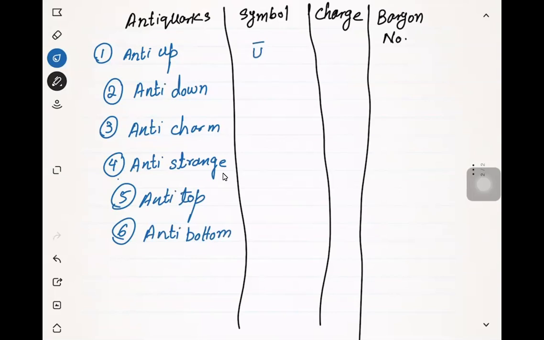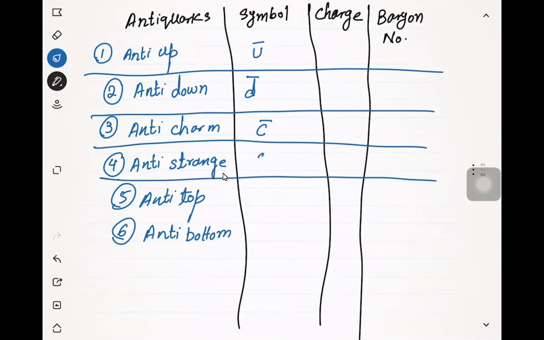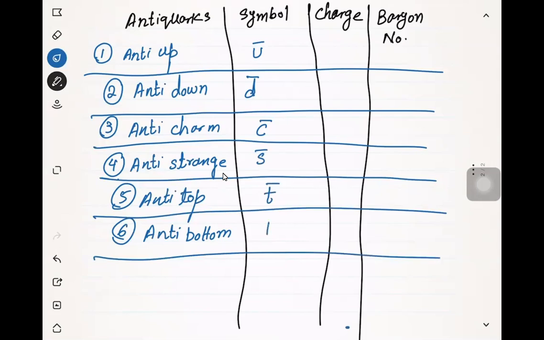Anti up, this is the symbol. Anti down, this is the symbol. Anti charm, anti strange, anti top, and anti bottom, these are the symbols.